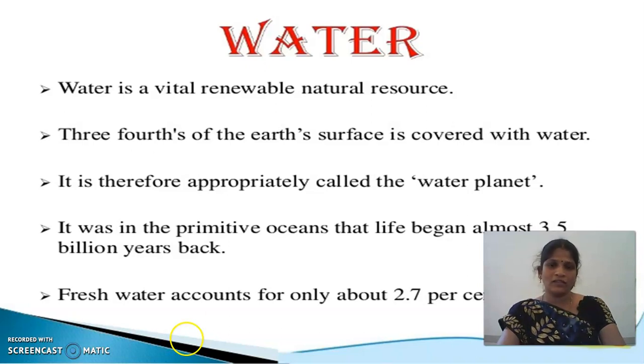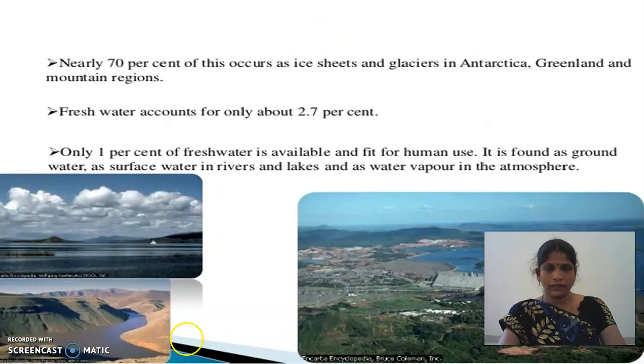Water is a vital renewable natural resource. 3/4 of the Earth's surface is covered with water. It is therefore appropriately called the water planet. It was in the primitive oceans that life began almost 3 billion years back. Freshwater accounts for only about 2.7%. These are the facts.